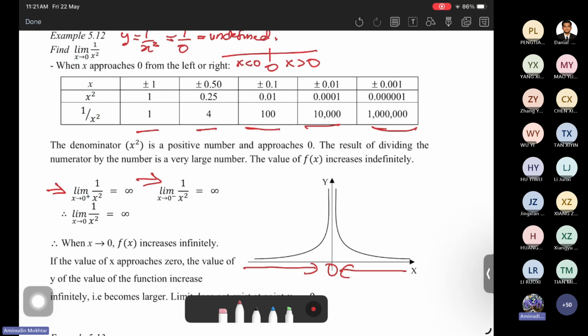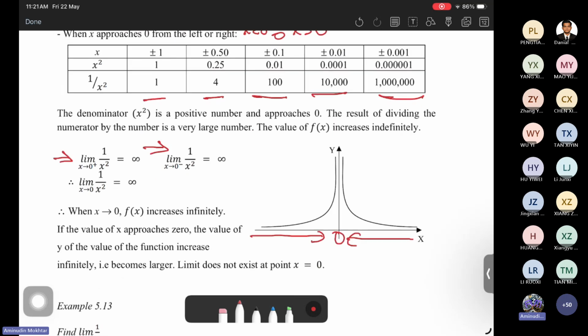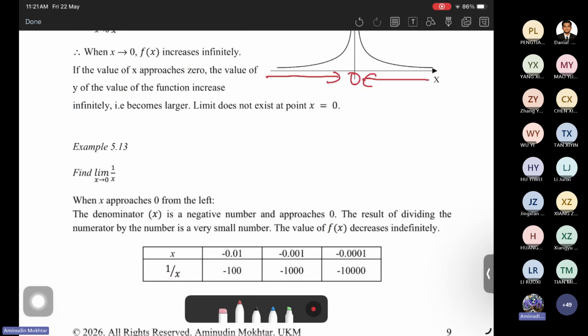So we can conclude that there is no limit because the value of the function becomes larger when x is close to 0. So the limit does not exist at the point x equals 0. And this is the case of the infinite limit. There is no limit. The value of f(x) increases or decreases infinitely.